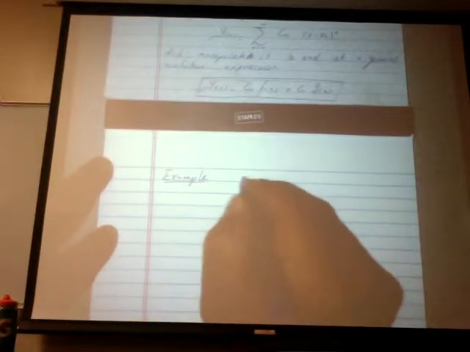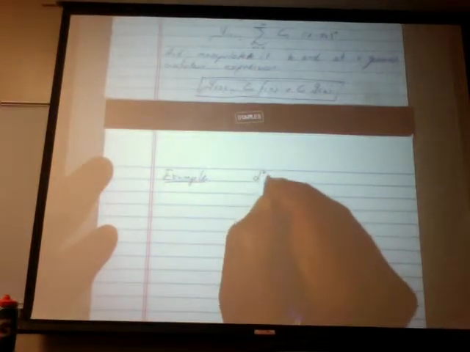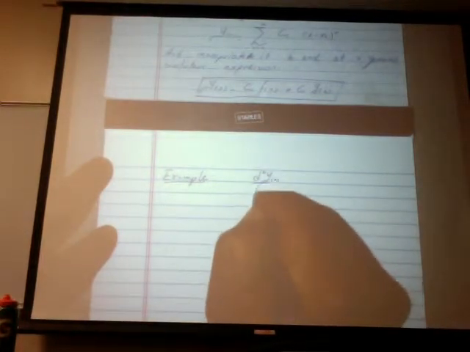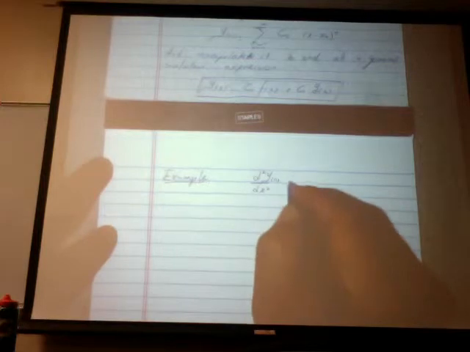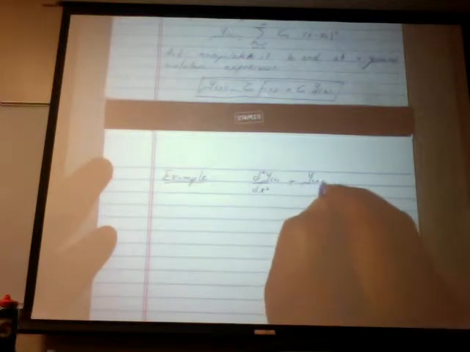All right, so let's do this with an example. Solve d second y of x dx squared plus y of x is equal to 0. Well, this one doesn't look like a variable coefficient ODE.